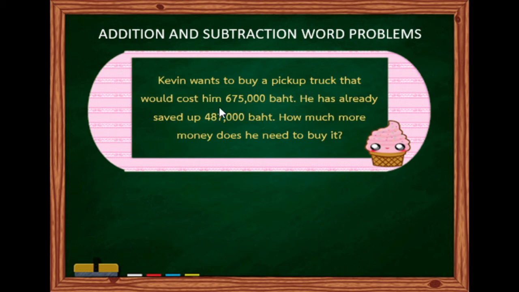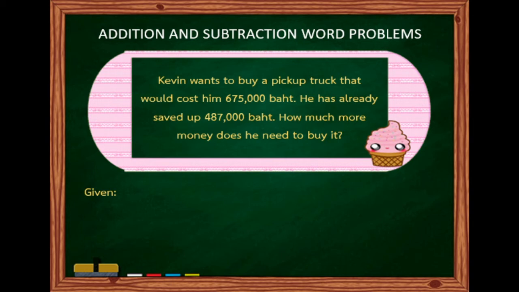It's 675,000 baht. He has already saved up 487,000 baht. Again, Kevin has 487,000 baht. How much more money does he need to buy it?